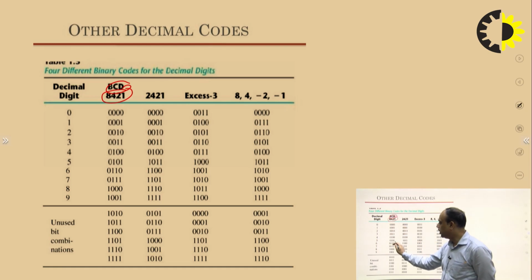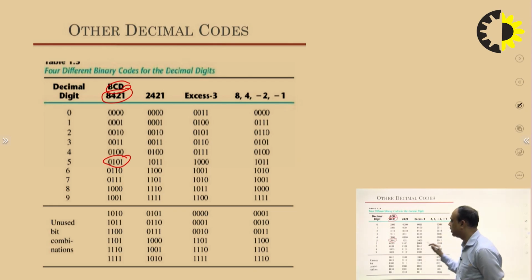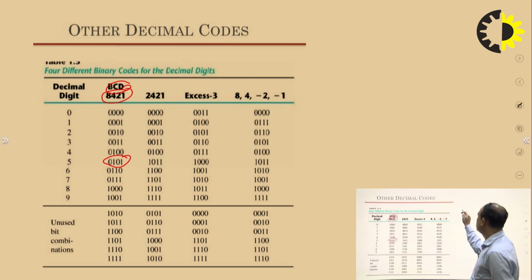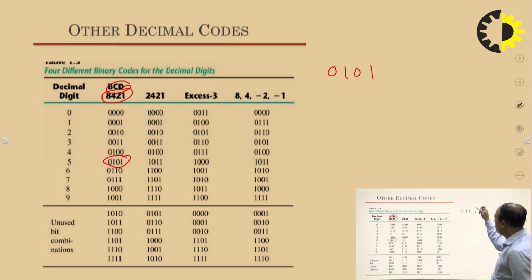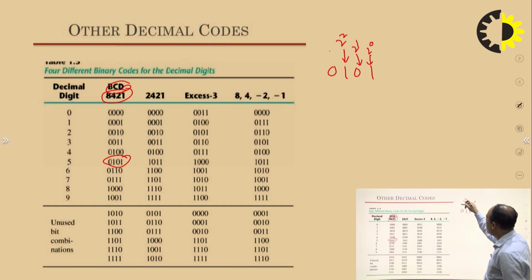Like if we see this one, that is 5, that is 0101. The weight of this bit is 2 to the power 0. The weight of this bit is 2 to the power 1. The weight of this bit is 2 to the power 2, and this is 2 to the power 3.